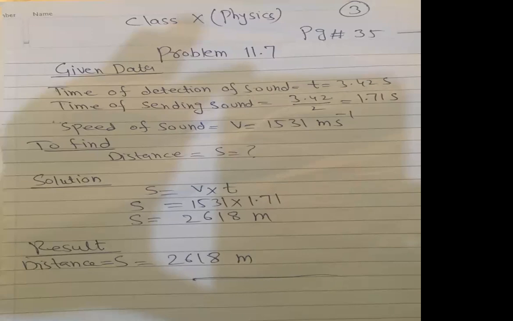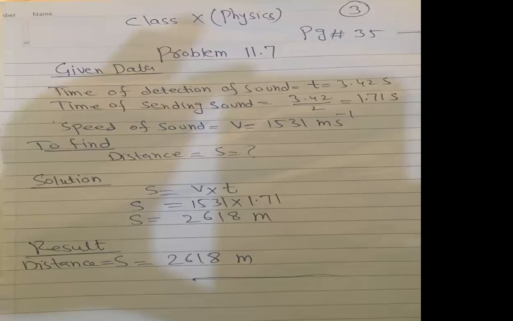If the speed of ultrasound through seawater is 1531 meters per second, what is the distance of the seabed from the ship?